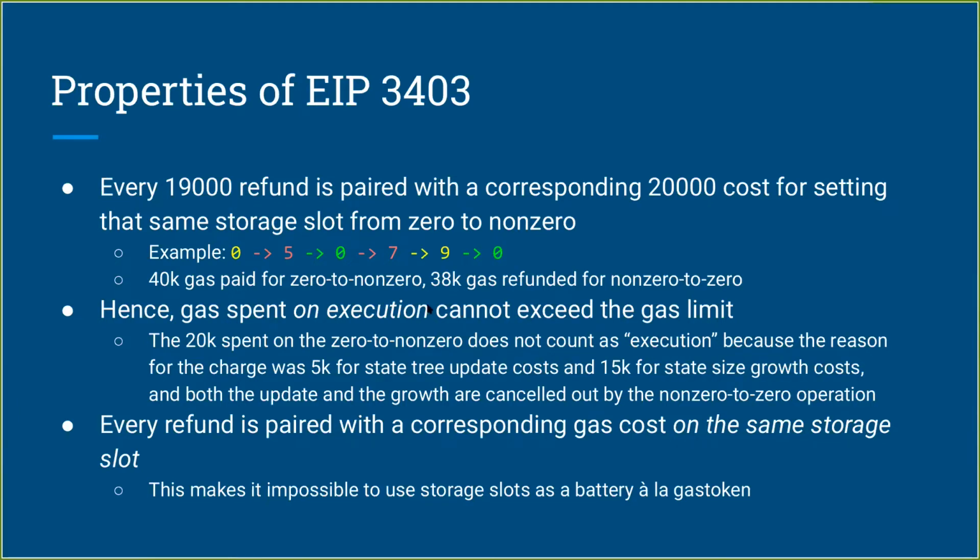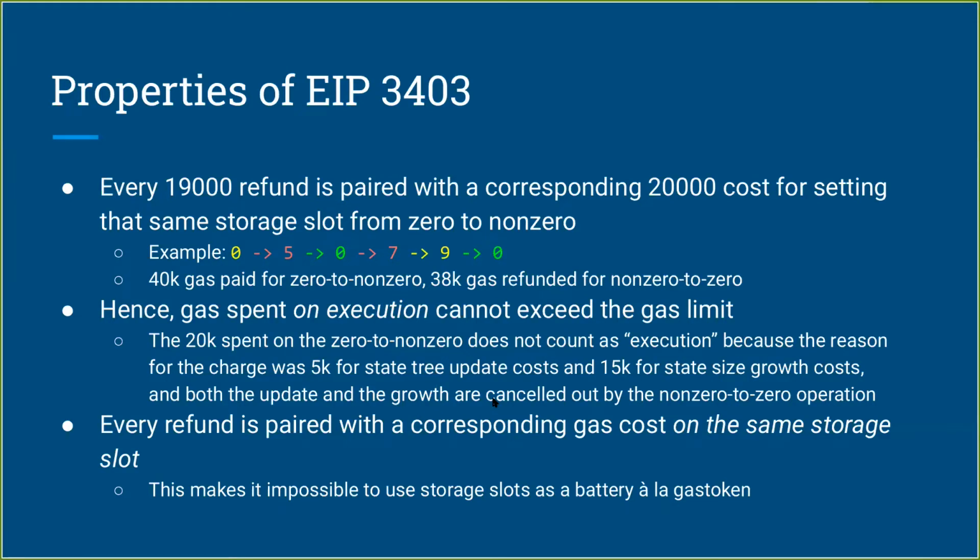But the state size growth gets reverted because we're going back to 0. And the state tree update is also reverted, because if it starts as 0 and ends at 0, the node doesn't even have to do any database writes to update that particular value, right? So even though the cost of 20,000 gets refunded, the effort that clients would have needed to spend as a result of the 20,000 also gets reverted, if that makes sense.